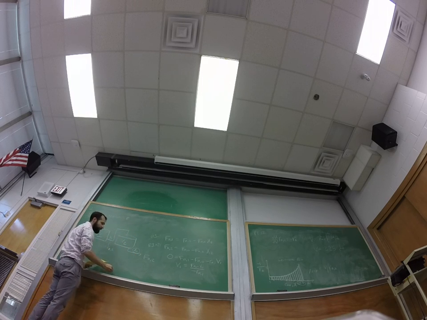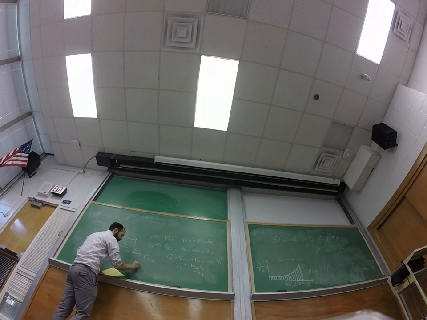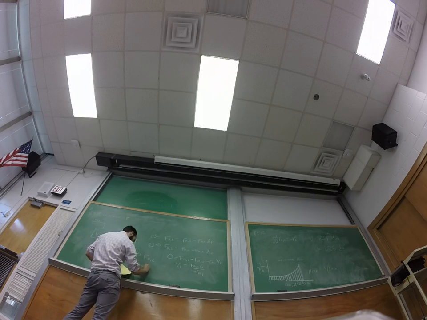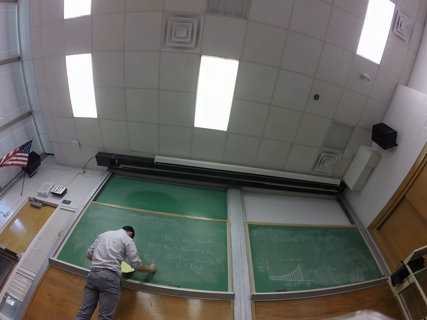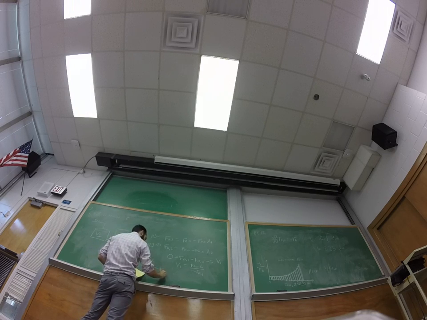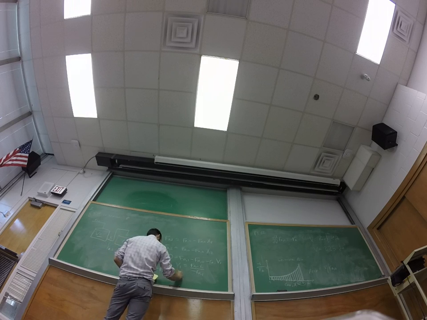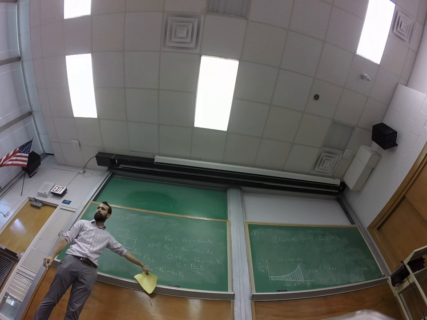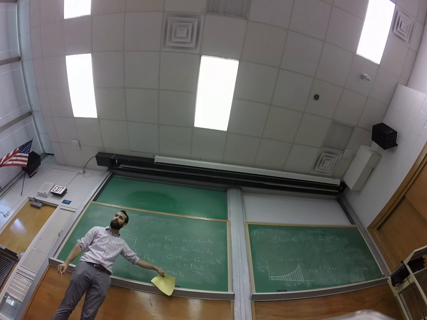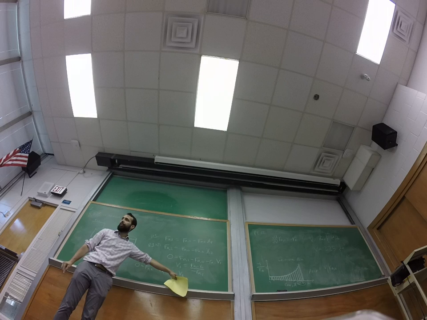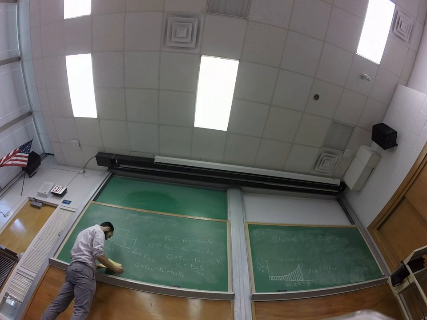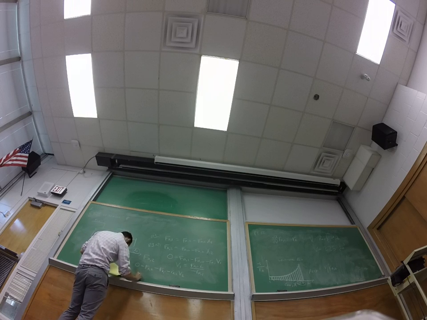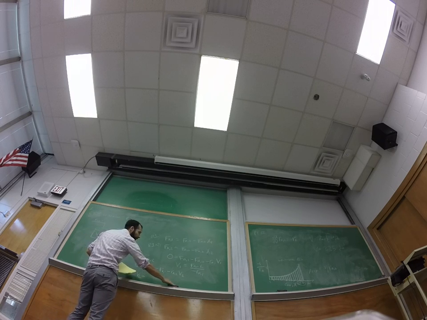All right, so now for reactor 2, we have flow out minus flow in minus the generation term, in this case consumption of A. And so rearranging that, you get a different equation.